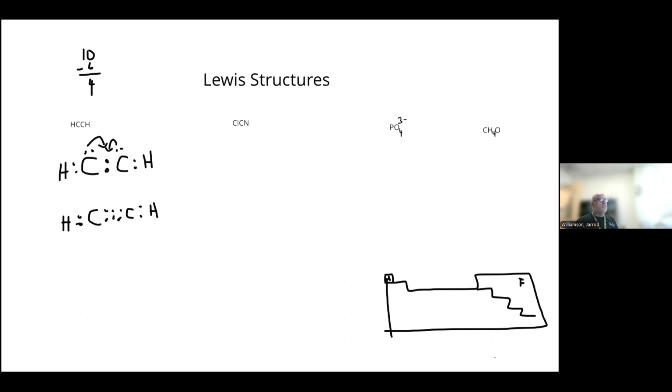Now, each hydrogen thinks it has a duet of electrons. Each carbon thinks it has 2, 4, 6, 8. Now, obviously, carbons are atoms. They don't think. That is just a manner of speaking.